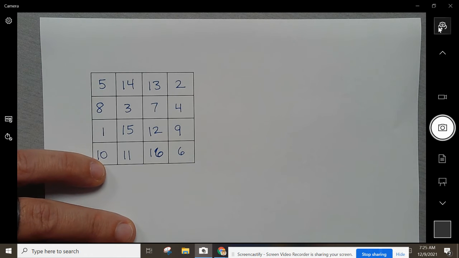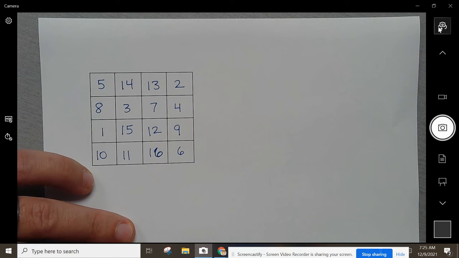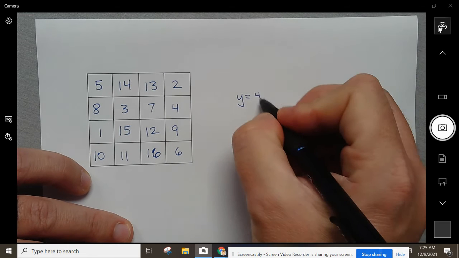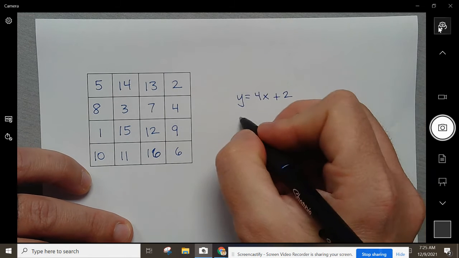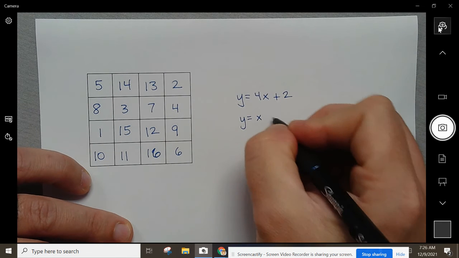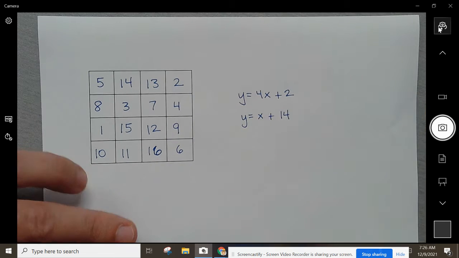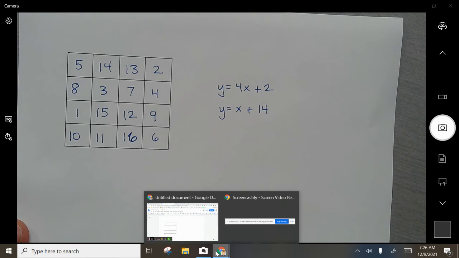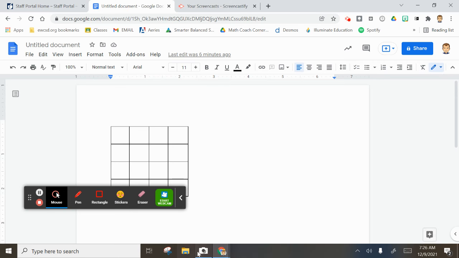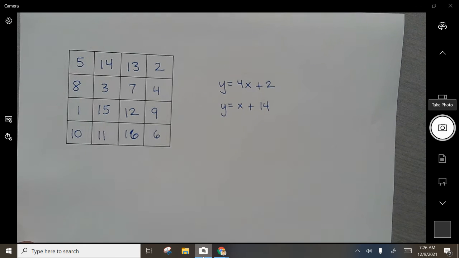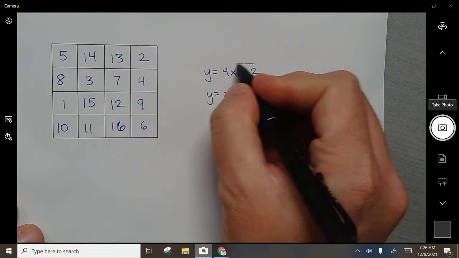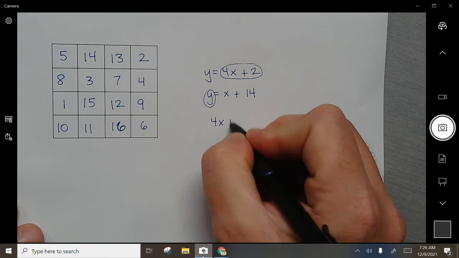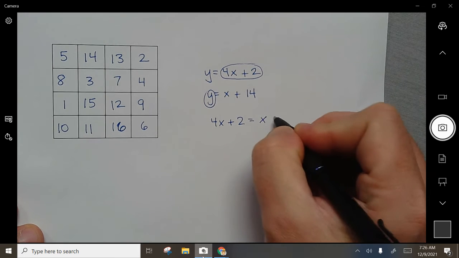All right, the first question I'm going to give you, let's keep it simple. Right here on the side, go ahead and try this one out for me. Solve for X and solve for Y. As you've done that, let's do it together. You're going to take this chunk here and put it right there. So you're going to have 4x plus 2 equals x plus 14.